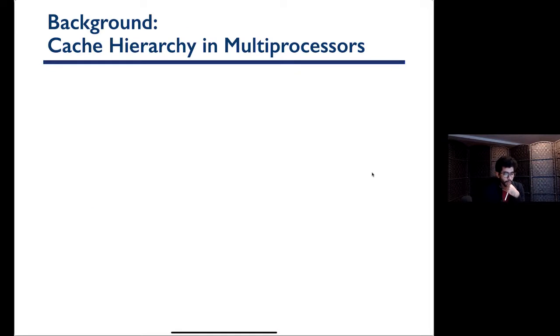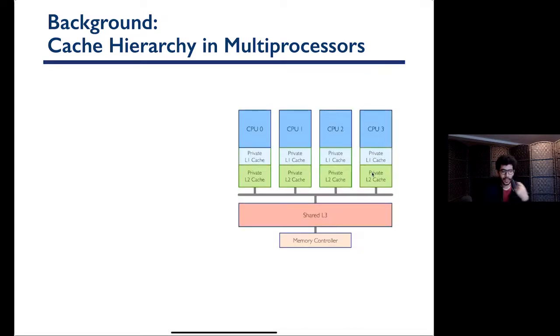Okay, the other aspect of multiprocessors that makes things a little bit complicated is the cache hierarchy of multiprocessors. So this is what you usually have in your multiprocessors. Each processor, each CPU, has its own private cache.